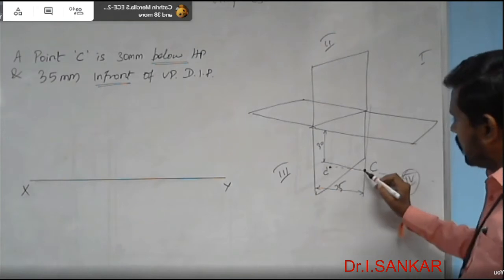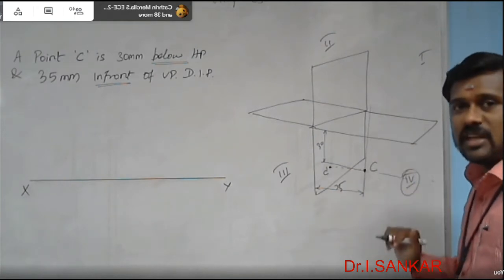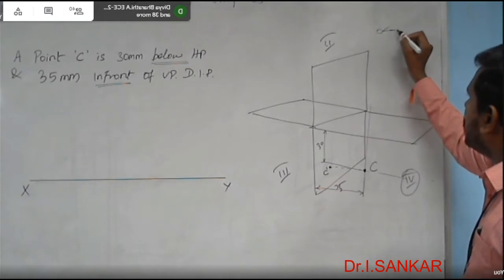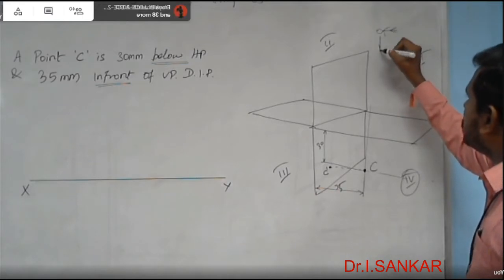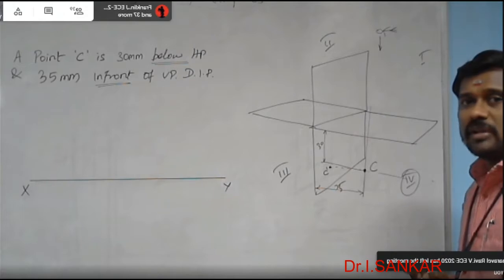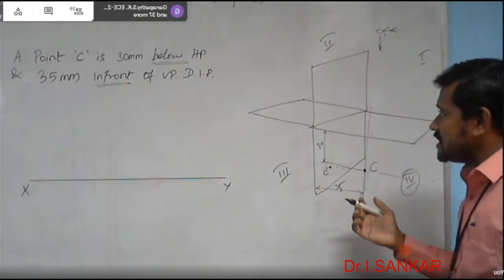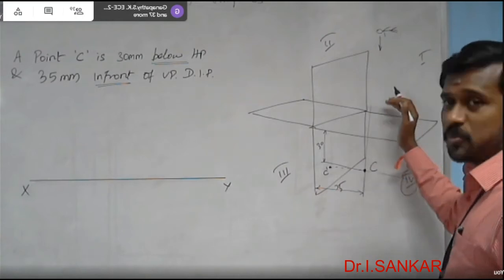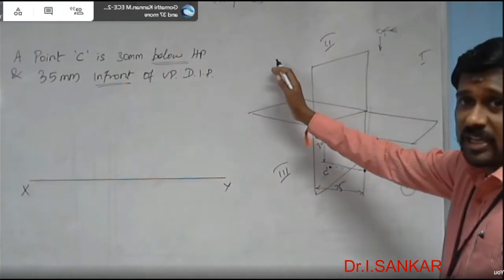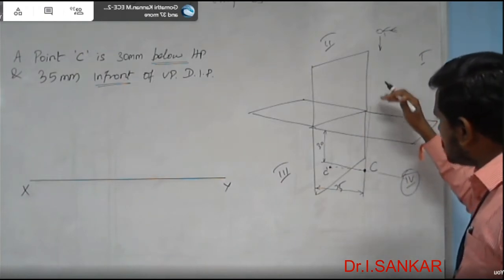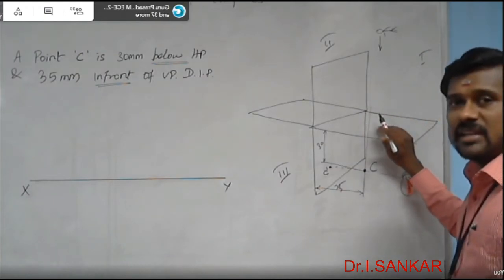The point is located below the horizontal plane. In order to obtain the top view of the point, you have to see the point from the top. That is, your visual rays are perpendicular to the horizontal plane. In the previous case, when the point is located above HP, maybe in the first quadrant or the second quadrant, like a shadow, the top view of the point falls on the horizontal plane.